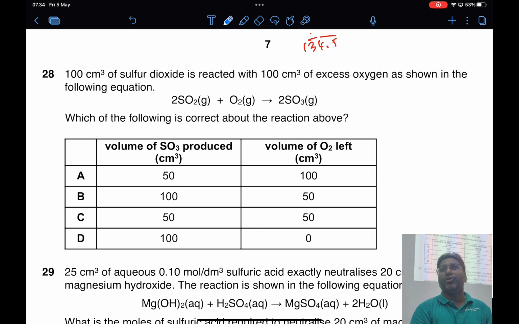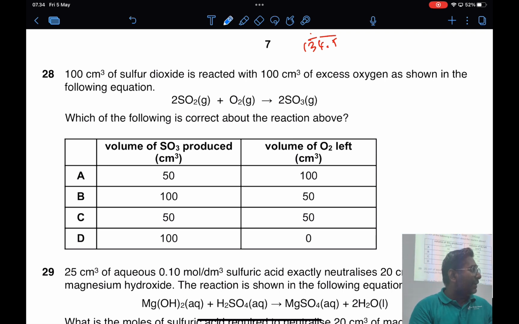So you do not need to say, I need to change 100 cm cube to dm cube, divide by 24, then find out how many moles, then calculate the other moles, then change back into volume. No need to do all that.